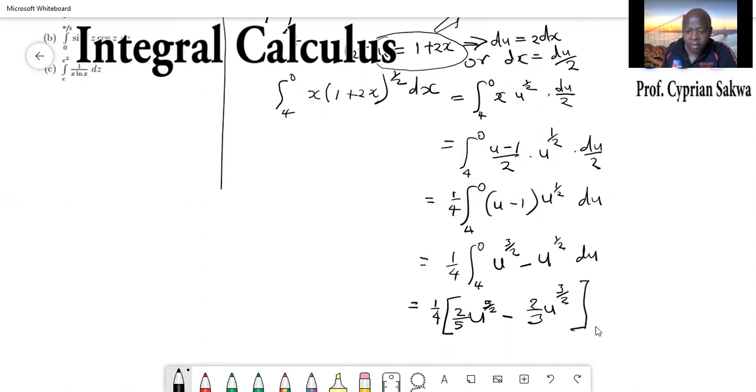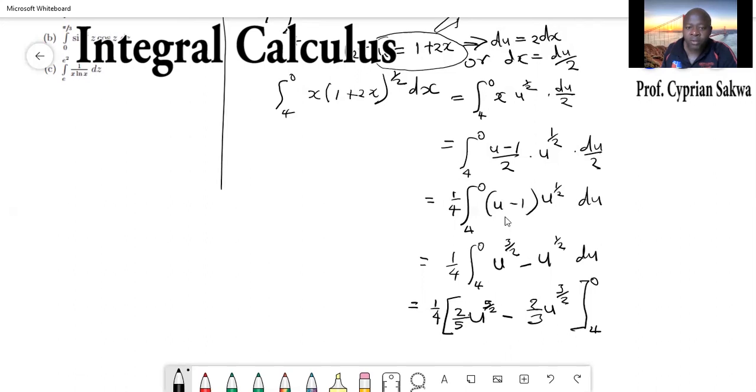So I'll just remember that I'm integrating from 4 to 0. Remember that these 4 to 0 were limits for x values. So you may want to change the limits, but I've decided not to change the limits. I want to still work with my limits 4 to 0. So that means I should replace u with its equivalent.